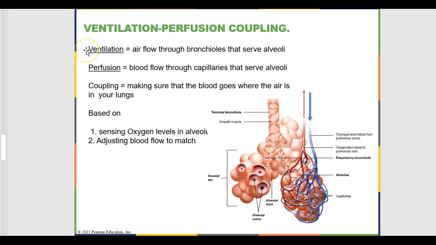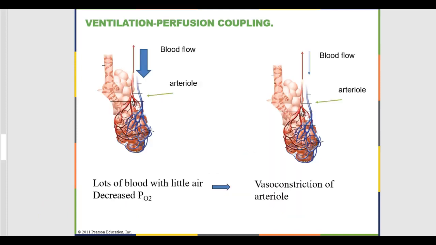So you're talking about if you have differences in ventilation in one part of a lung versus another part of a lung, or one alveolar sac versus another alveolar sac, so these alveoli versus those alveoli, you're talking about where you send the blood, not how much blood are you sending to the lungs based on how much air is there, but where in the lungs are you sending the blood. So you want to send the blood where there's more oxygen. So more ventilation.